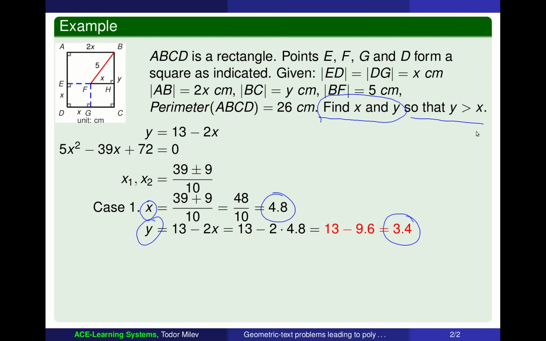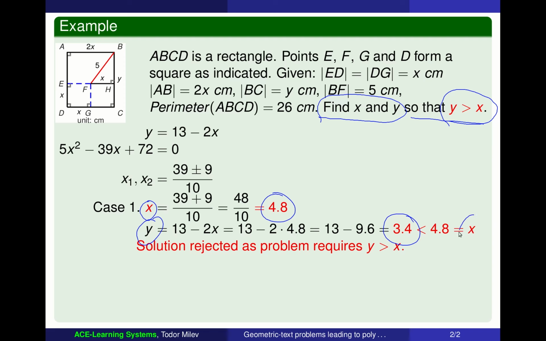The problem requests that y be greater than x. Is that the case? Is 3.4 greater than 4.8? No, it's not. So since 3.4 is less than 4.8, that means that x is bigger than y. So I have to reject this solution.